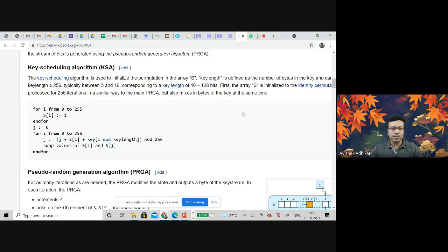The first part is the key scheduling algorithm. It's very easy. Each of them is a byte, so each box is considered one byte, and then it's doing some addition operations and then swapping operations, nothing else. So it's very easy in hardware as well as in software.